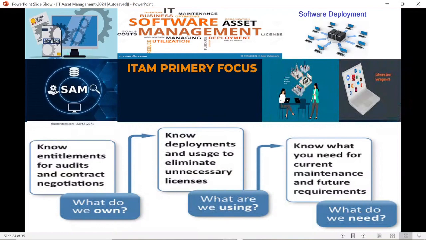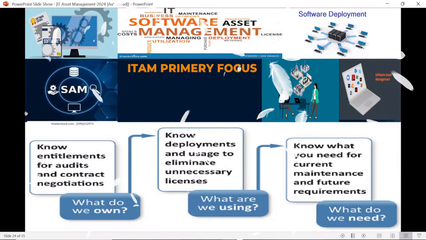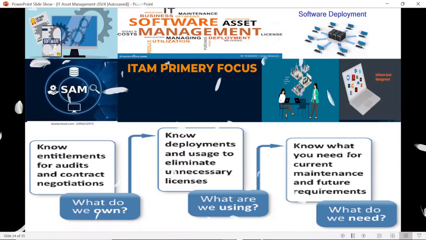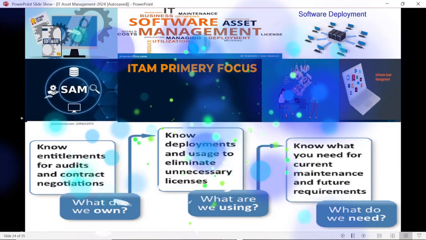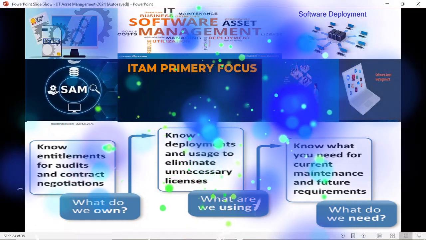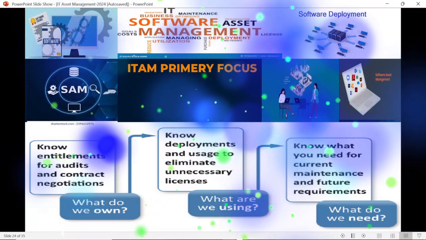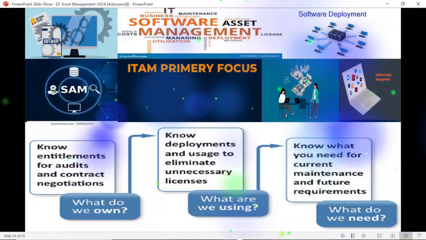Apart from that, in order to prepare the effective license position, as we all know, it's really important to have the software deployment data in place. We should know what software is installed in our customer infrastructure, what software is getting used, what software is not in use, what is authorized software, what is unauthorized software, and what is blacklisted and whitelisted software in my customer organization or in our infrastructure.